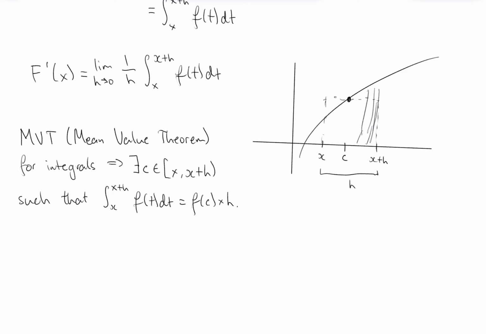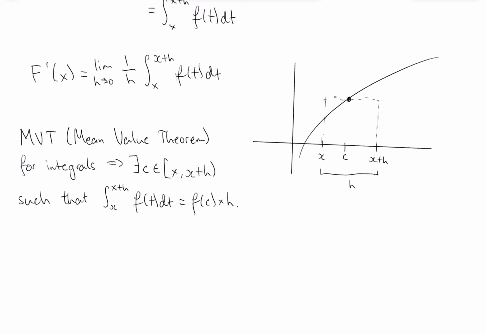So hopefully I've made that sufficiently clear. Where I've drawn the c here, it could be anywhere in between x and x plus h. The theorem says that there must be some c in this interval such that those two areas are equivalent.